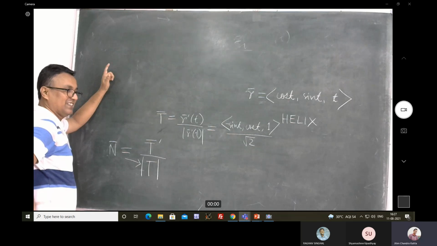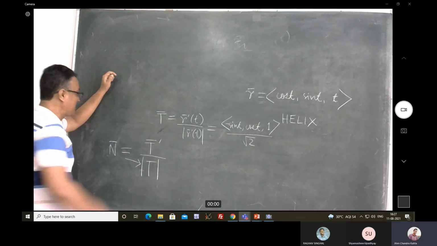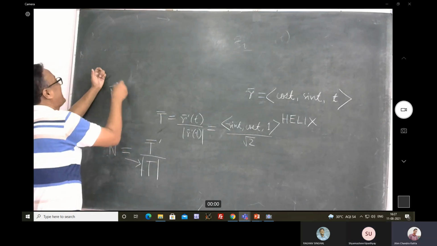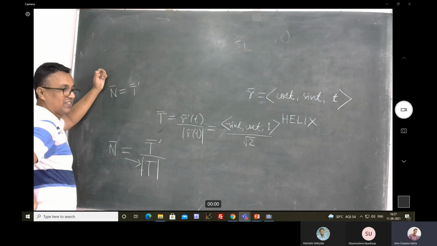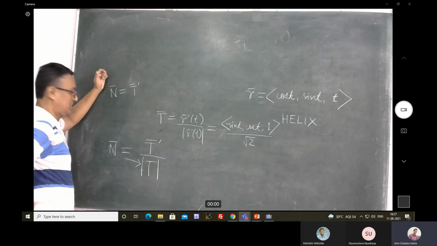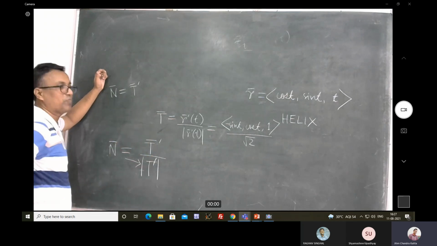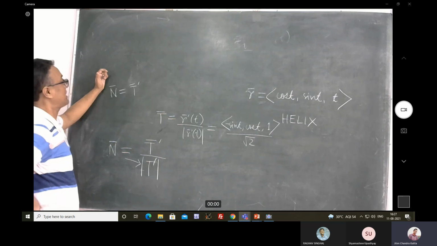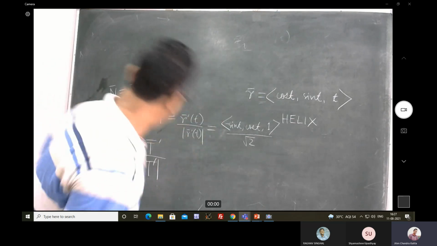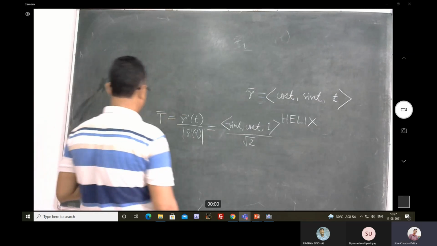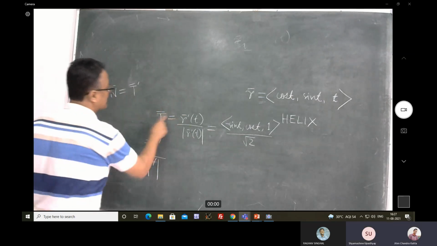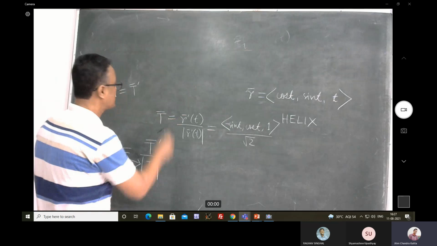So that is why this N I can simply write as T prime. Sorry about that, I was wondering about this.